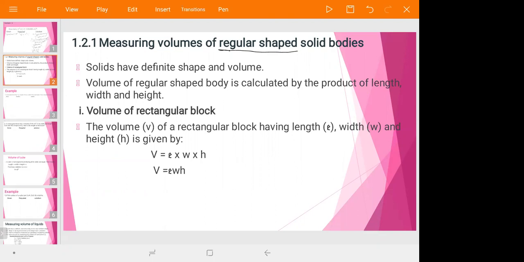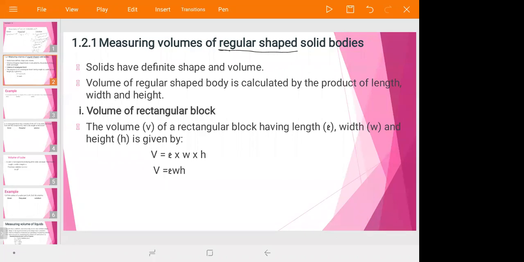That means they have their own shape. For example, if you put a certain stone on the table, it has its own shape. Again, if you insert it in a cylinder, it still has its own shape.